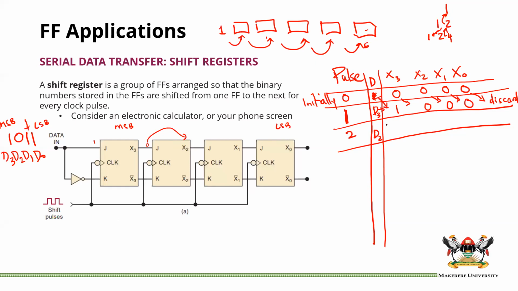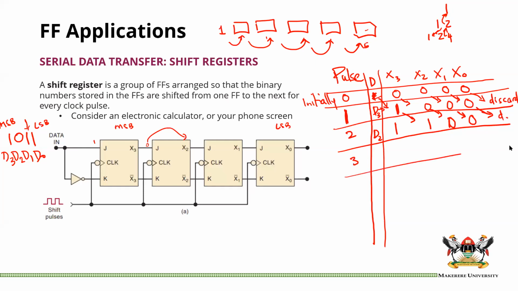So it means that this one now will go into X3. The one which was at X3 will go into X2. The 0 at X2 will go into X1. And the 0 in X1 will go into X0. Oh, this is 0 actually. And the 0 here, which was there, will be discarded.